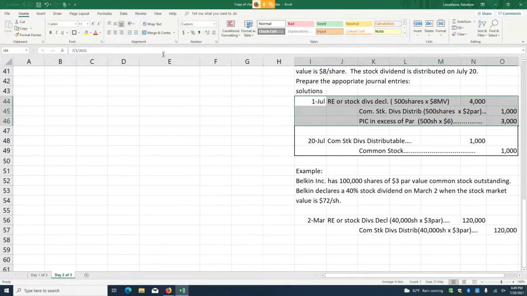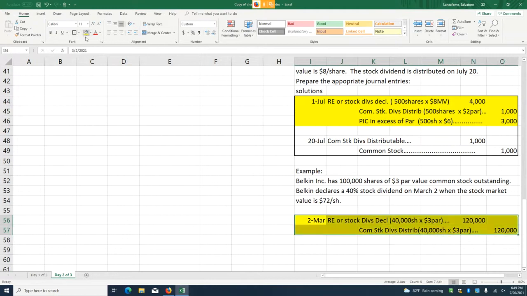So just look at the difference between this entry when we had a small one and this entry when we had the large one. In the small one, we needed the paid-in capital account to help make up the difference because the market was $8, the par value was $2. But when you have a large stock dividend, you ignore the market. So you're recording both the debit and the credit at par, so you don't need that third step.